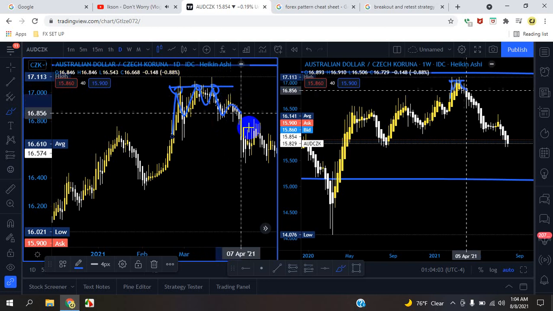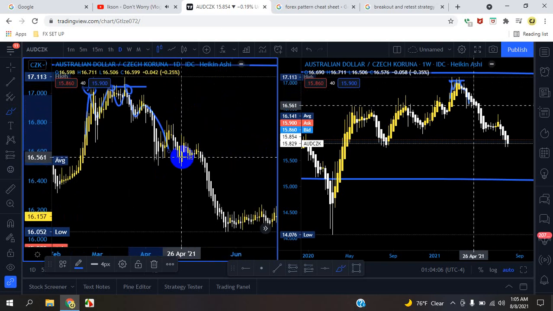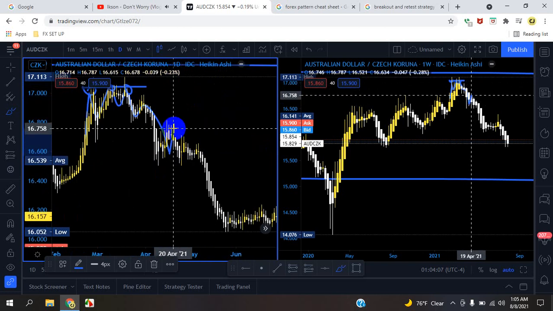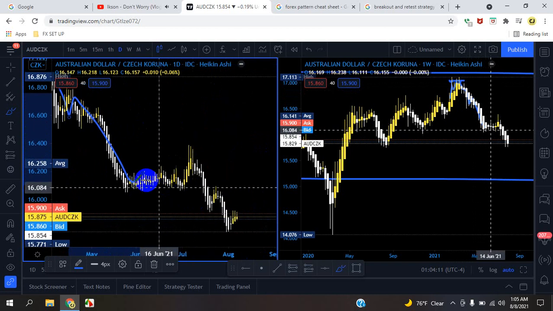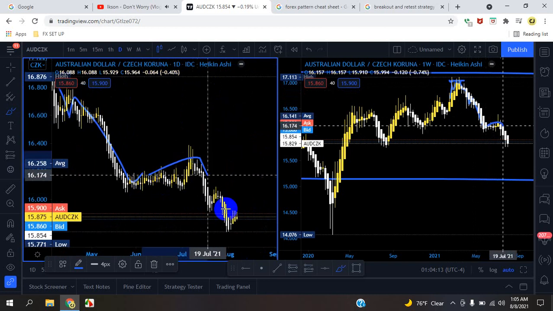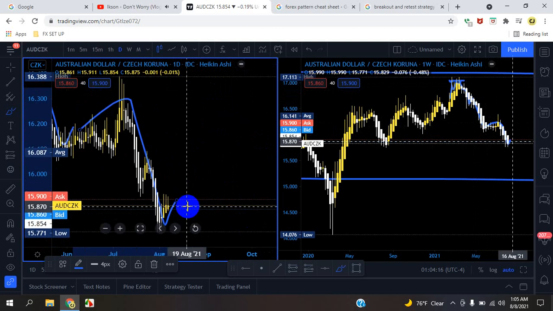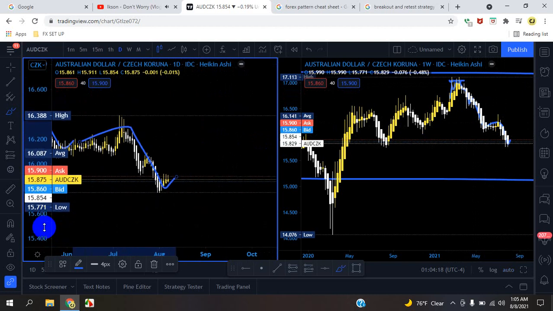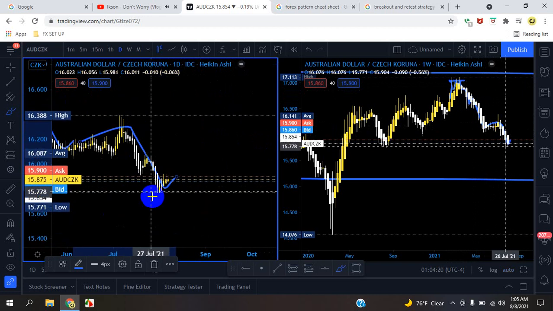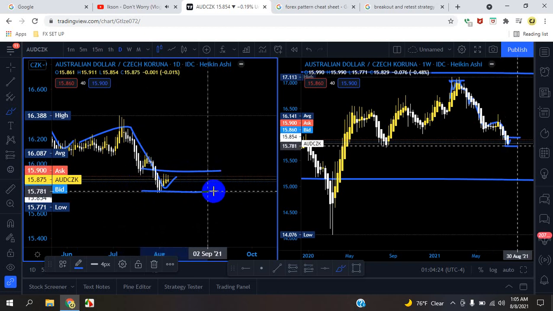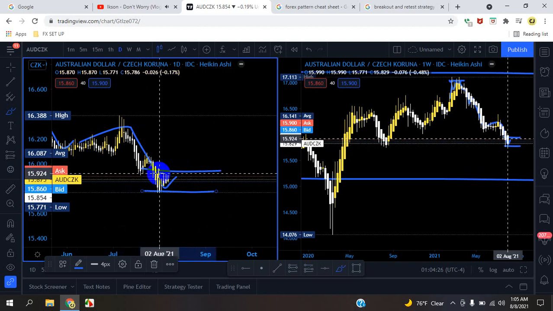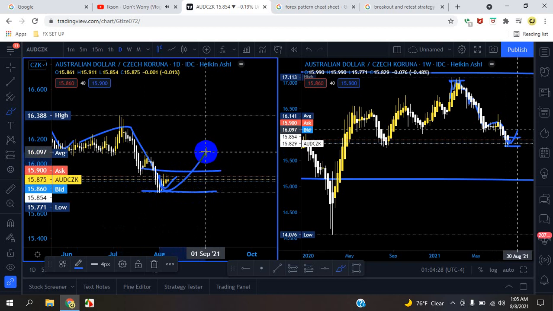Exactly what it did. Market pushed down once, came back to retest. Market pushed down twice, came back to retest. Market's on that third push to the bottom. So we don't know if this is the last push to the bottom. Is the market going to create momentum and push up after this?